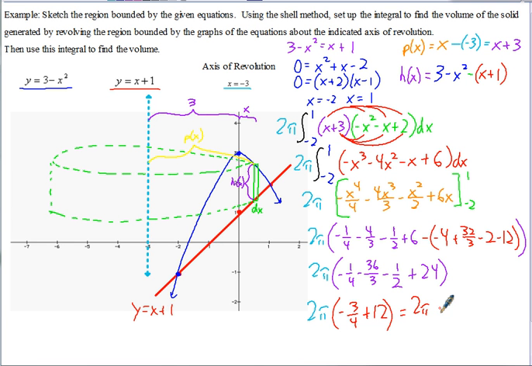And then 12 is 48/4 minus 3/4 is 45/4. Then 2 goes into 4 twice. So it simplifies to be 45 pi over 2. And again, it would be units cubed.